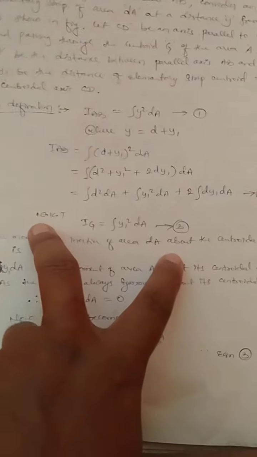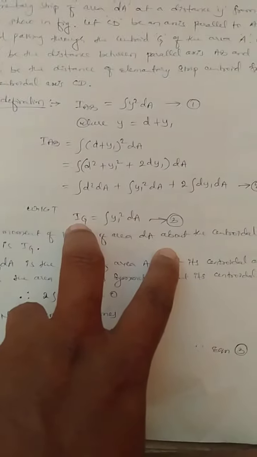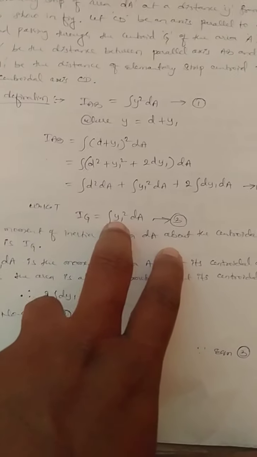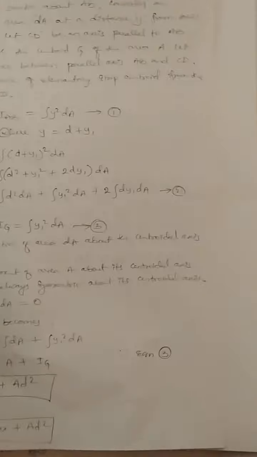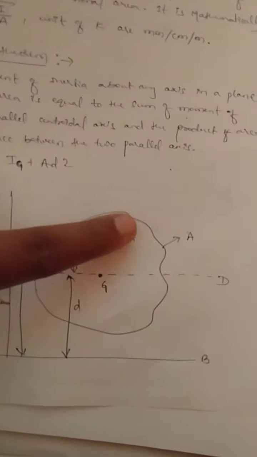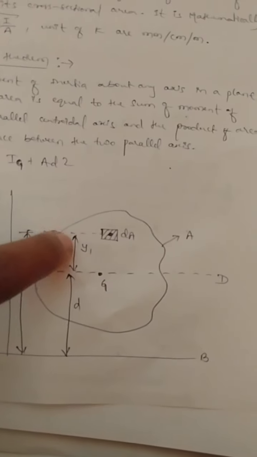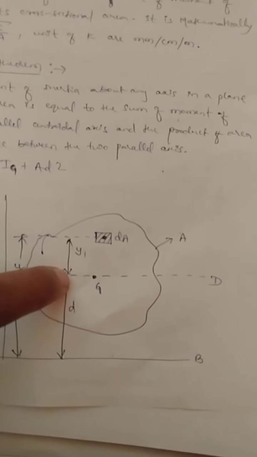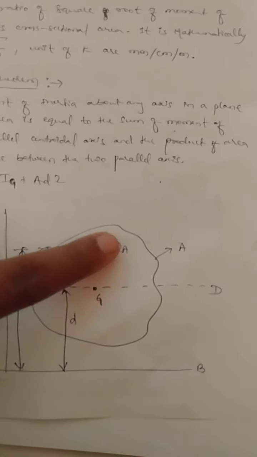Now we know that moment of inertia about the central axis, that is Ig, is given by integration of y1 square dA. Now look at the figure. From this figure, the moment of this elementary strip about the central axis is dA into y1 square, because moment of inertia is nothing but the second moment of area, the moment of this dA about the central axis.